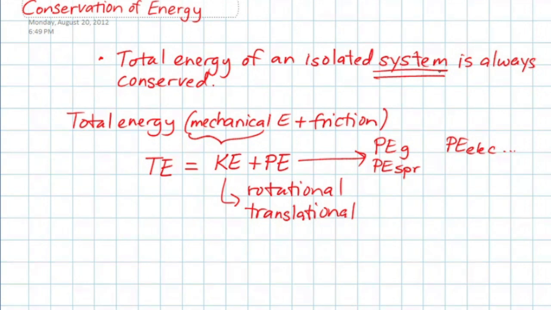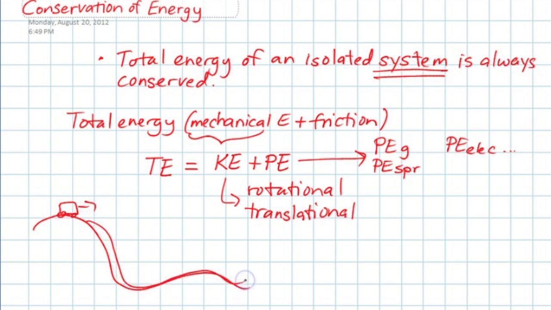So there's a lot of problems about roller coasters. There's a roller coaster and a couple hills, and as the roller coaster goes up and down the hills, what kind of energy is present? Well, there's no springs hanging out, so there's no potential energy due to springs. There's just going to be potential energy due to gravity. That's going to be moving, so there's kinetic energy due to translation, and that's our 1/2 mv squared.